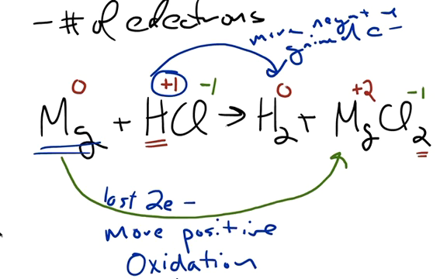It gained electrons, got more negative. And so we would say it was reduced in this chemical equation. So hydrogen was reduced. And how much was it reduced? Well, notice it went from a +1 to 0, but there are 2 hydrogens here. So if this equation was balanced, there would be a 2 in front, and that's where our 2 electrons went. So each one gained 1 for a total of 2 electrons. Okay, so pretty easy.